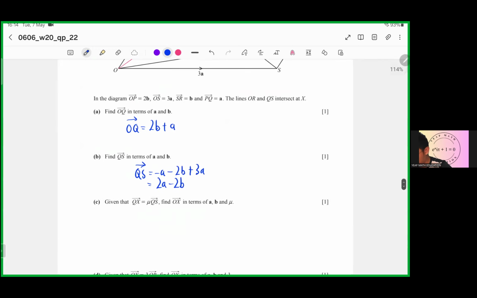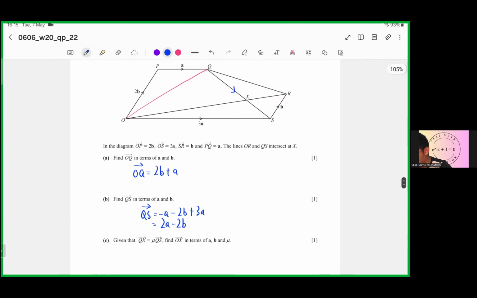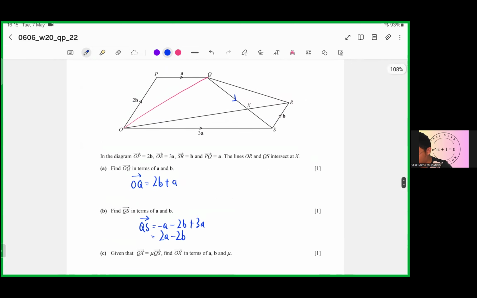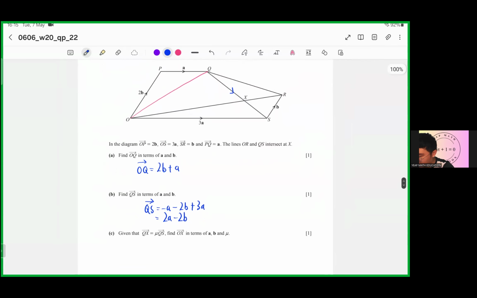Okay, now we see question C. Given that QX equals to QS, find the OX in terms of A, B, and U. Okay, so now we try one by one, step by step.